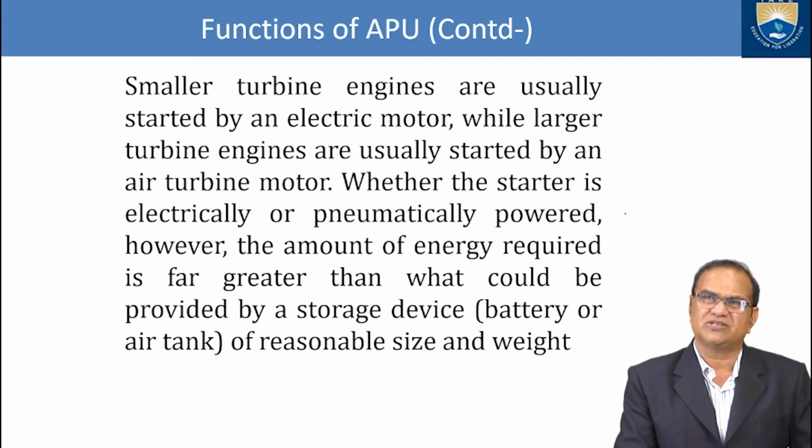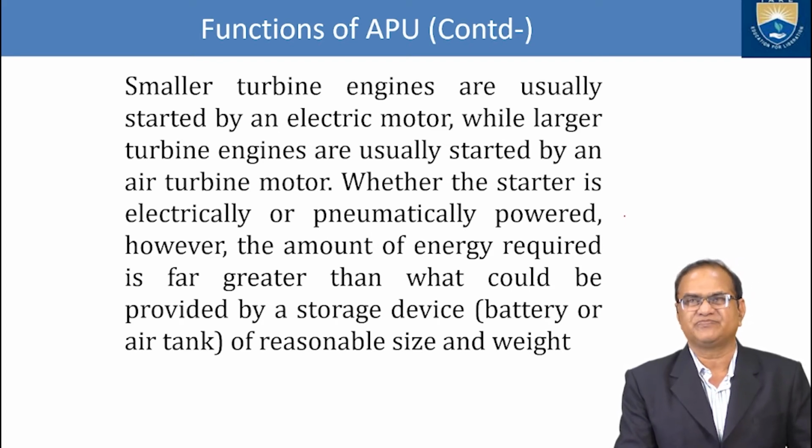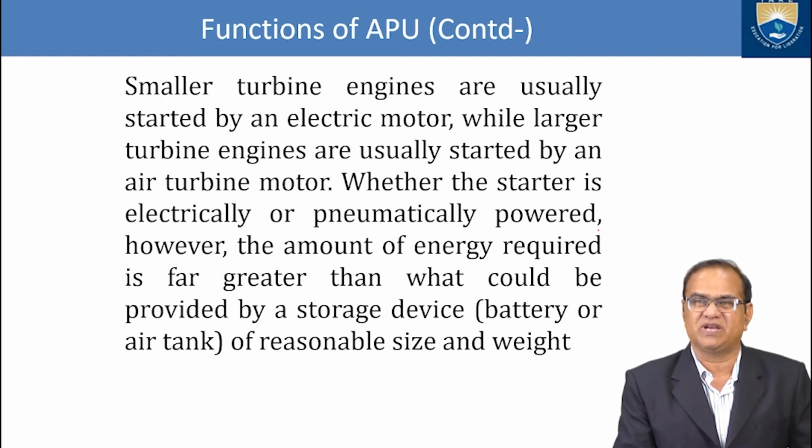This auxiliary power unit itself is a turbo engine, but of small size. This turbo engine is connected to the main engine, and once this APU is started and rotating, it will give rotation to the engine. And when the main engine is getting sufficient RPM, the compressor will produce sufficient pressure to burn the fuel.